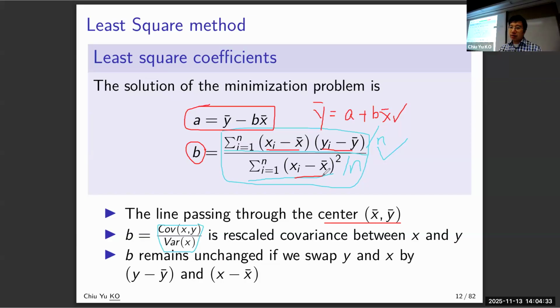So that gives you the idea of what b is. The regression is explaining the deviation of y from the mean by how x deviates from the mean. Let me repeat, this is very important.